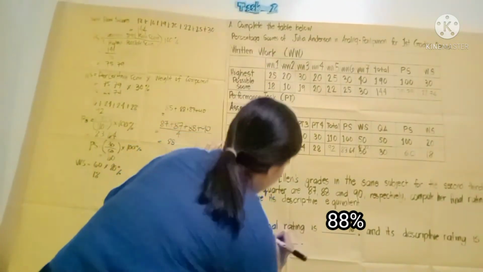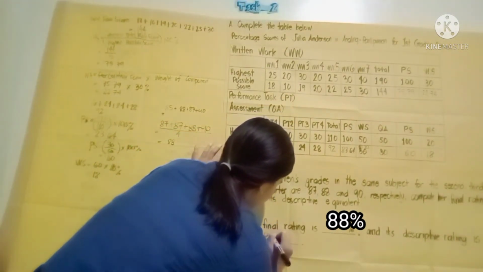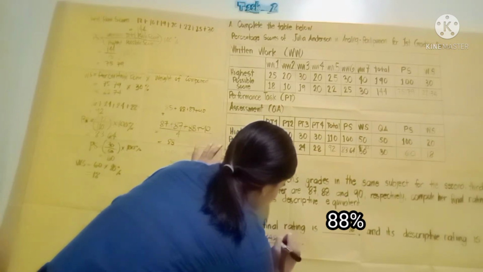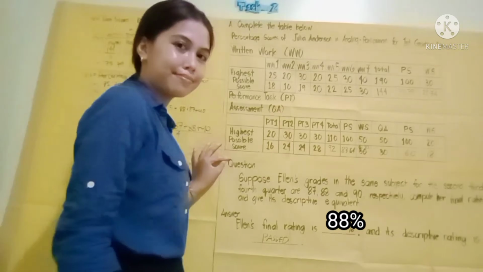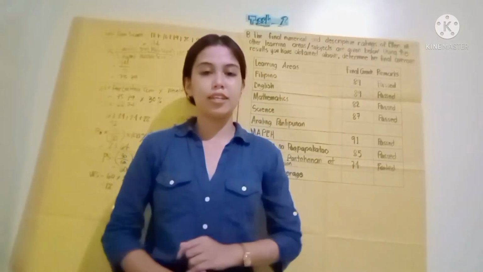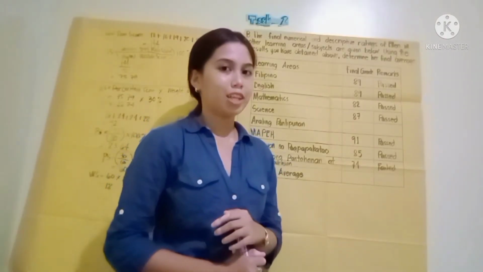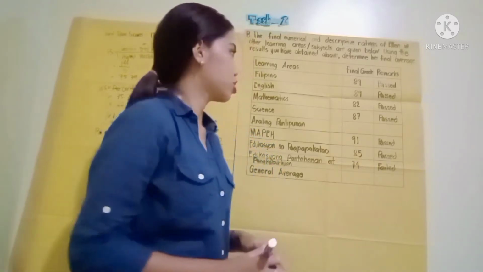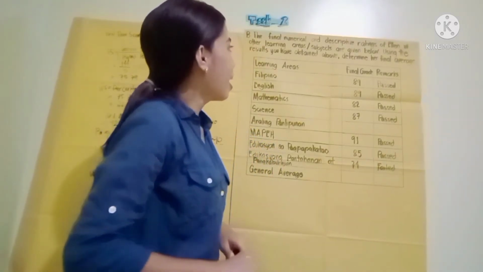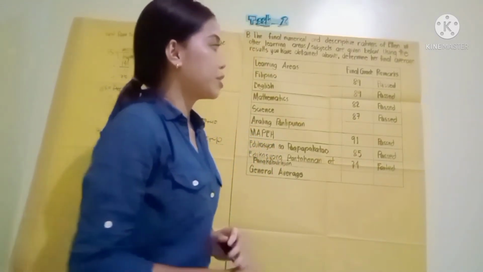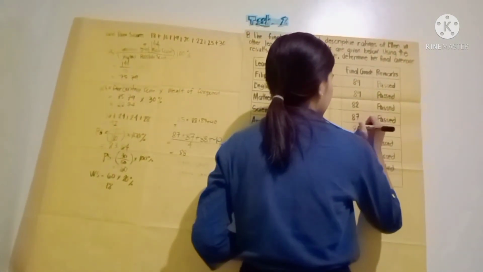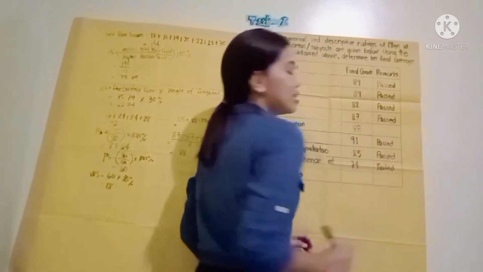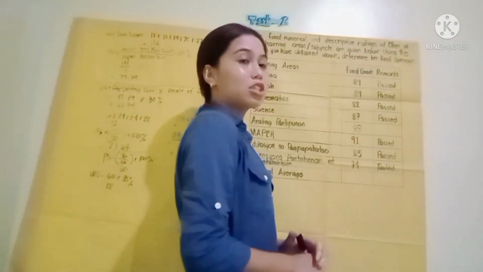Passed. Ellen passed the school year. For the task 2B, determine the final grade or the final average. So, Ellen's rating in the Araling Panlipunan is 88. This means she passed the subject.